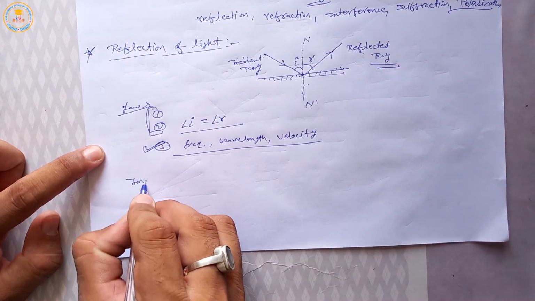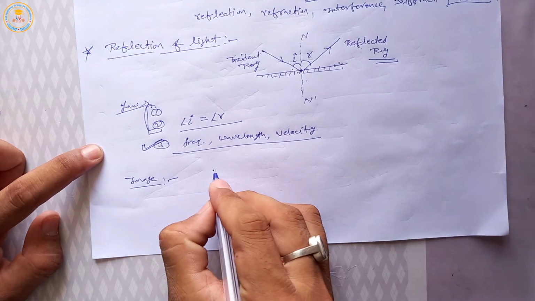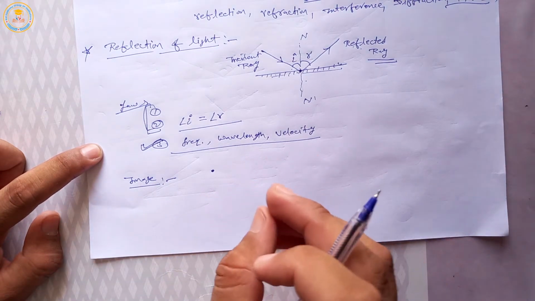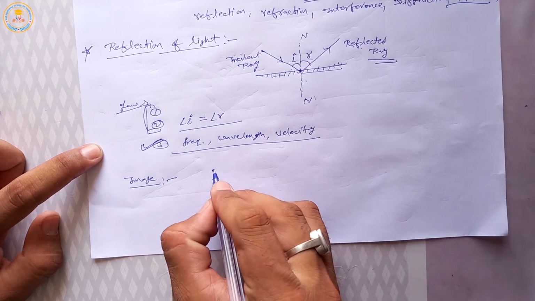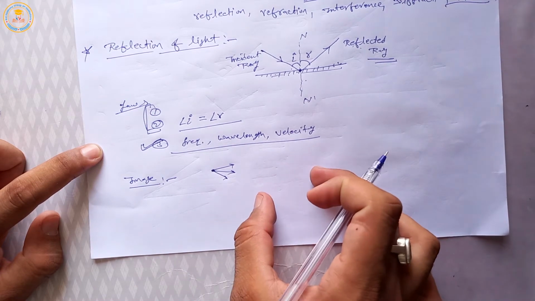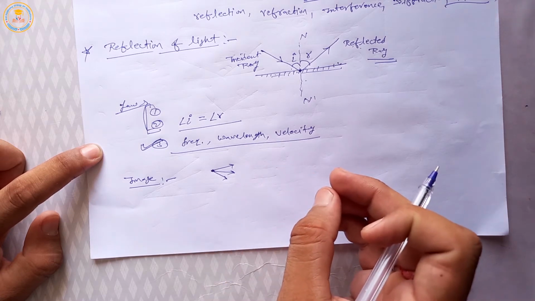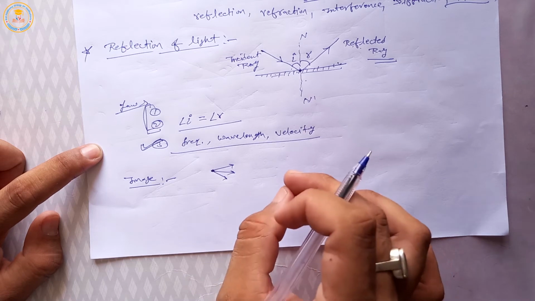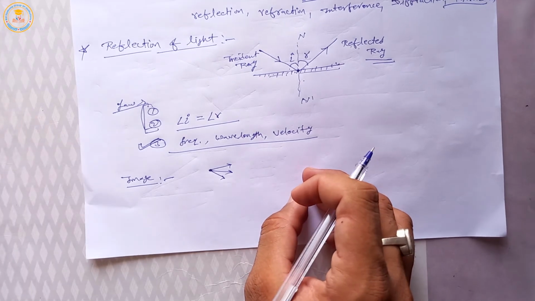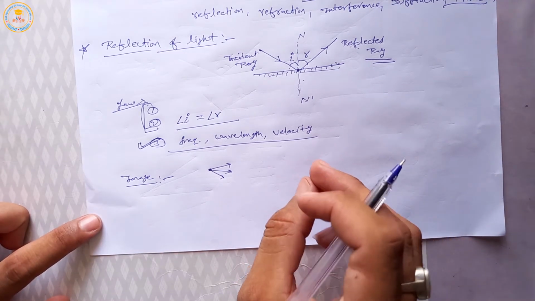Next is image. What is image? Suppose this is an object, and two or more rays of light are emitted from this object, and these rays after reflection or refraction meet at a point, or we can say they actually meet or appear to meet after the reflection or refraction.